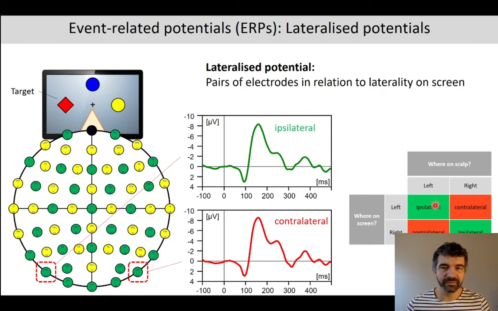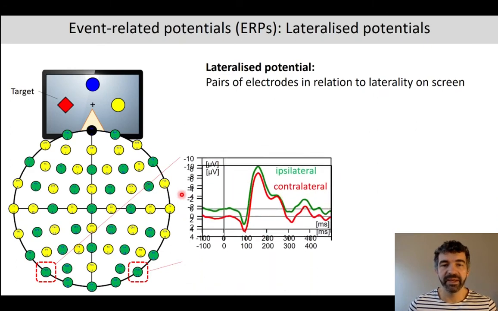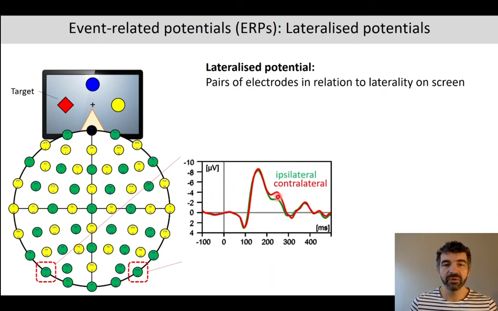Here you can see that there's not really any difference, no lateralized processing up to around 200 milliseconds, and then contra and ipsi deviate, and then it goes back to being aligned again.